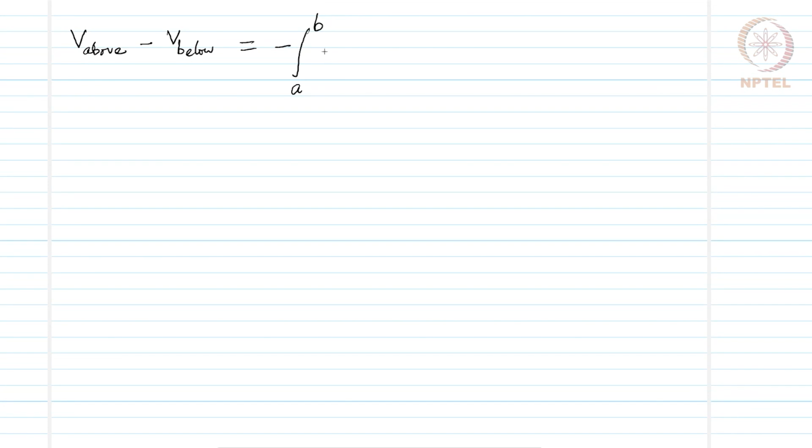Let us consider it this way. E dot dl. Now, if we consider that the length of this path tends to 0, then the right hand side goes to 0.